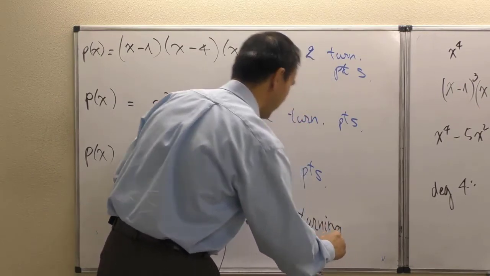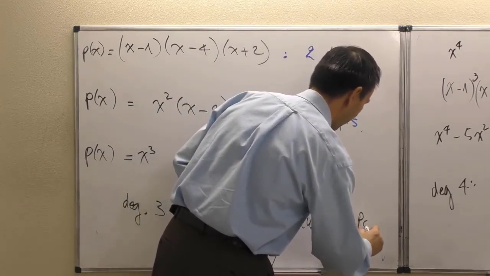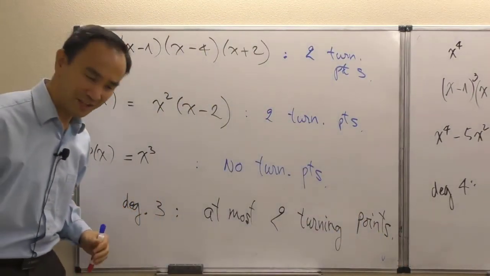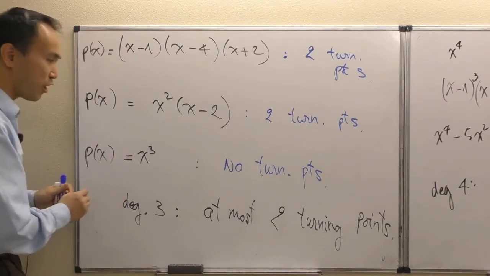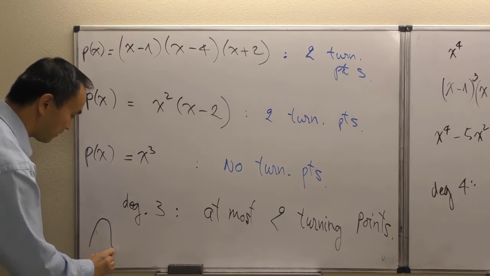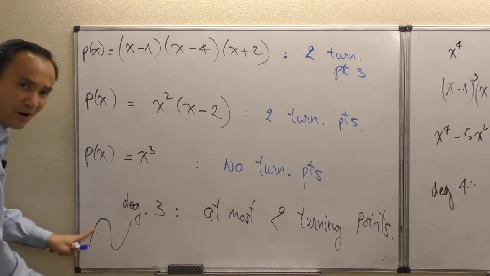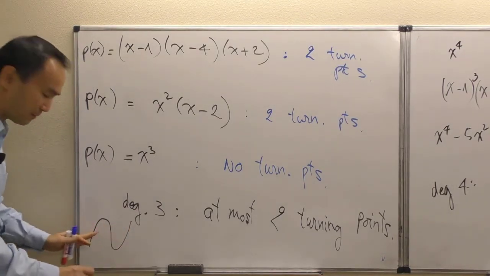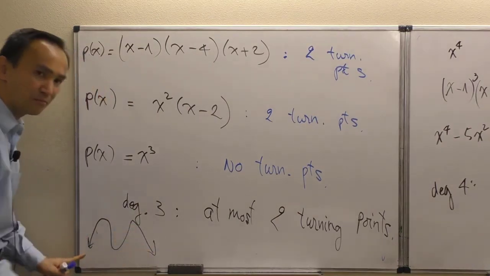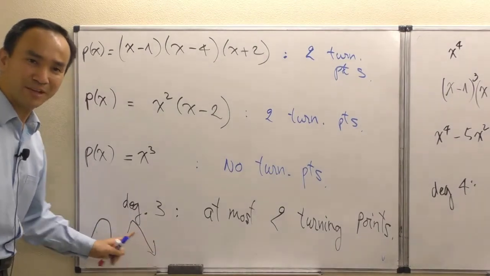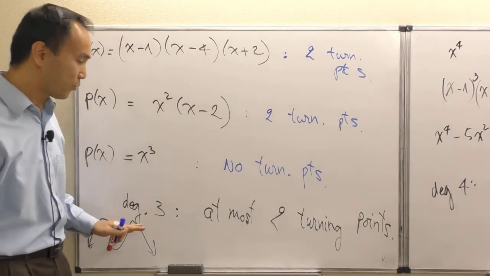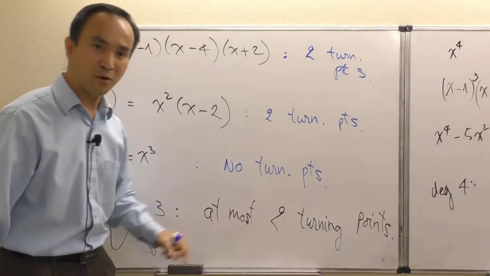We cannot have any third turning point for third degree, because think about the graph in the way we're drawing. It has to go up and go down. If we want to make a third turning point, after 2 turning points being the most, that means our graph has to bend down. But bending down means it's going to produce the other end behavior being the same as the starting one. That's the reason why for degree 3, it has to be at most 2 turning points only.